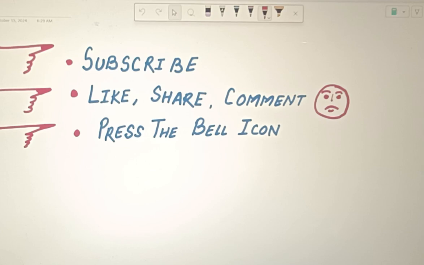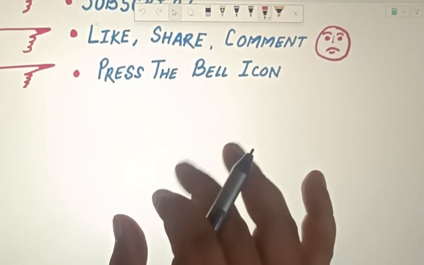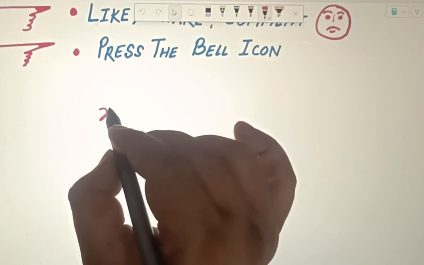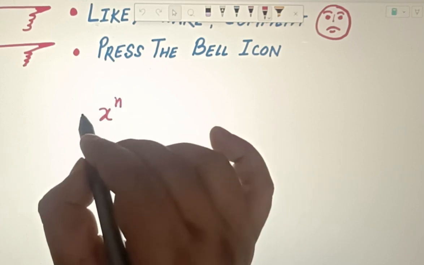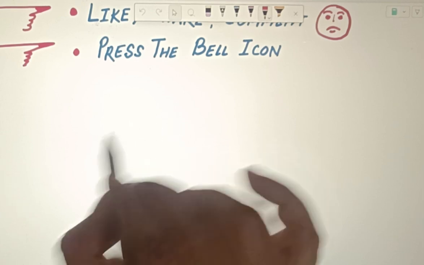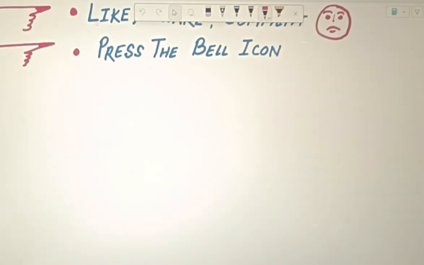Okay. So guys, I am writing here some basic formulas. We will start with x to the power n, right? First I talk about the simple notations used regarding derivatives.